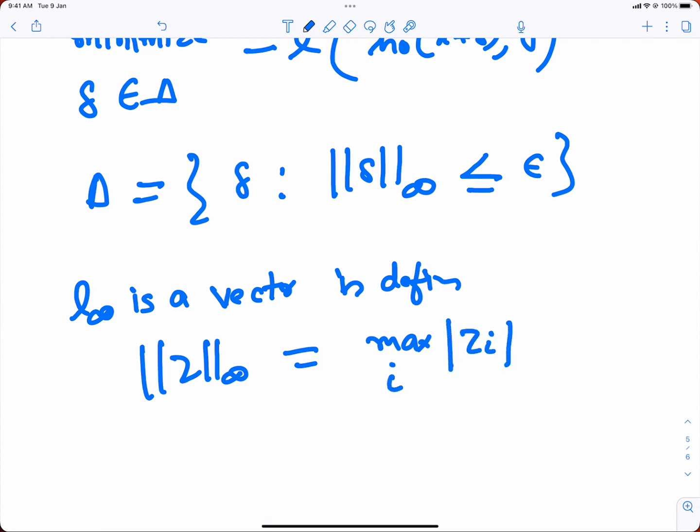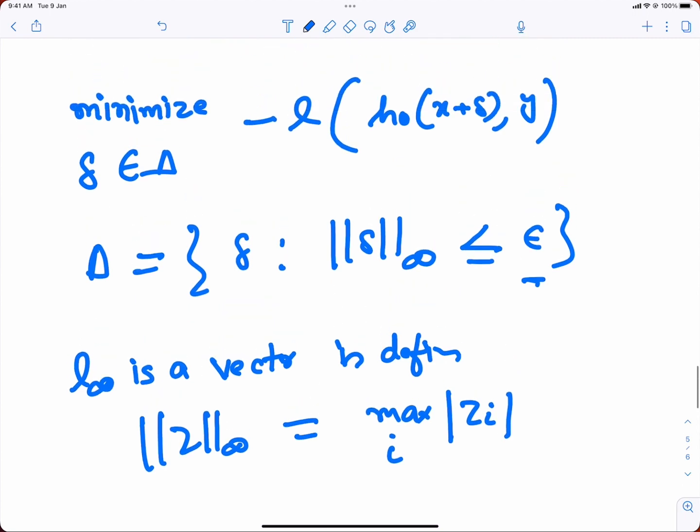So whatever the maximum element is, if that is less than epsilon, and epsilon we have controlled, it means this perturbation should not be visible to human eyes. Once this problem is solved and this delta has been found, when we add x plus delta, we see that the model gives the wrong output.